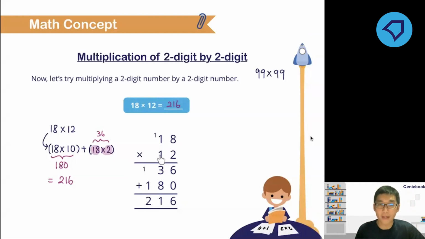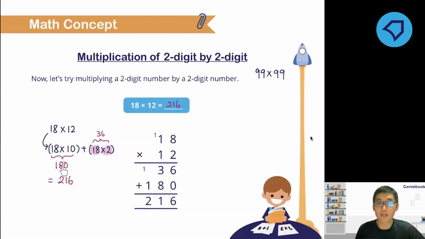So I take 1 ten multiplied by 8, I get 8 tens. So I put down 8 here. Then 1 ten multiplied by 1 ten, I get 10 tens. 10 tens is 100, right? So I put a 100 here. Therefore, 18 multiplied by 10 gives me 180, which is this part.